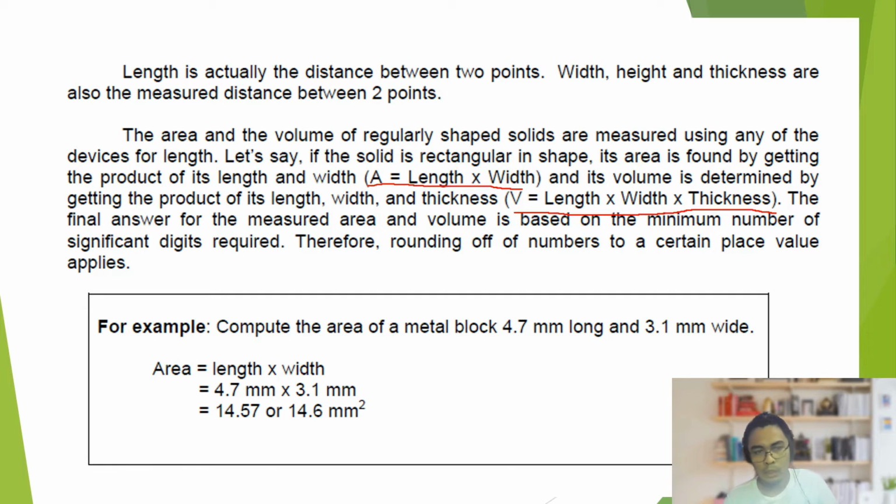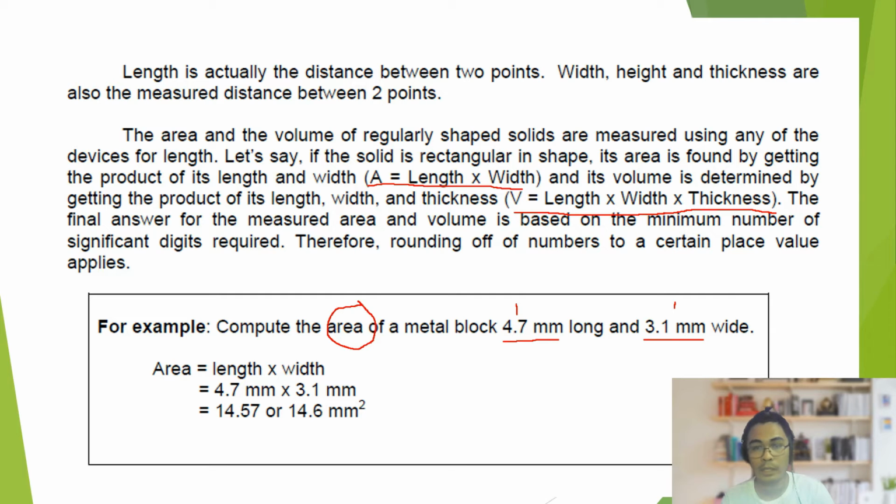Okay? So let's have here an example wherein you are asked to compute for the area of a metal block with 4.7 millimeter long and then 3.1 millimeter wide. Okay? Okay, so take note, those are the given. Since we're asked to find the area, we know that, okay, meron itong dalawang given.